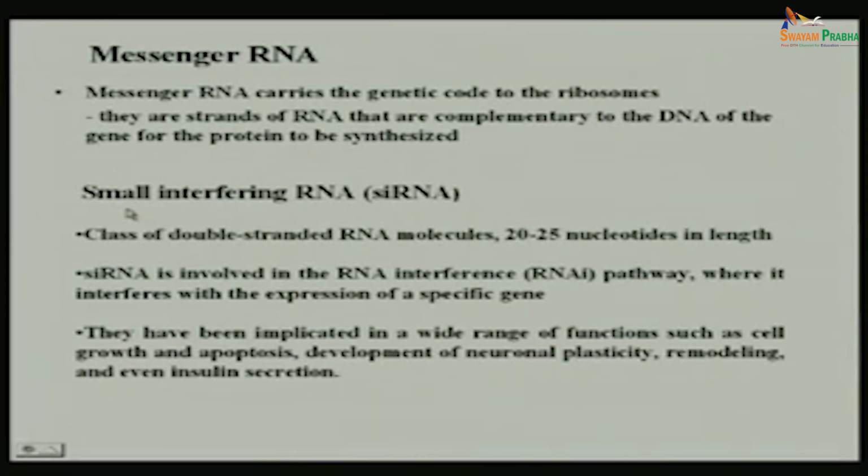There is another type of RNA called small interfering RNA, or siRNA. They are a class of double stranded RNA molecules, 20 to 25 nucleotide base pairs in length. siRNA is involved in the RNA interference, that is the RNAi pathway, where it interferes with the expression of a specific gene.